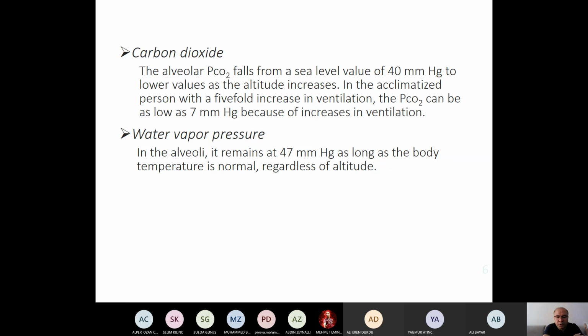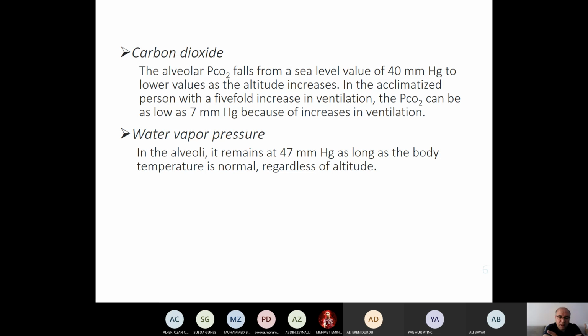Kidneys take part in these conditions. In these alkalosis conditions, your kidneys will lose bicarbonate and will try to save hydrogen, okay, to counteract this acid-base imbalance.